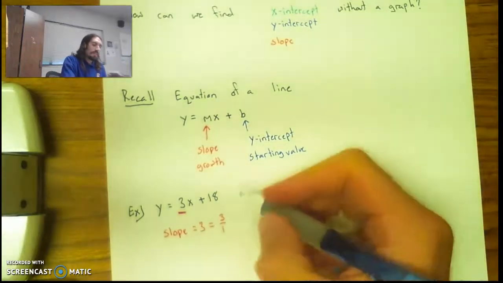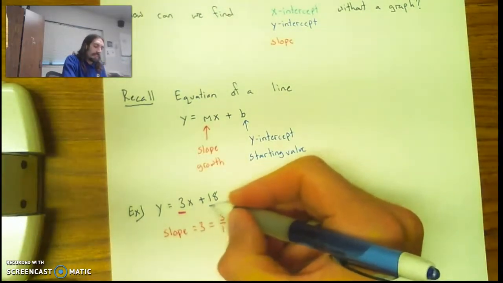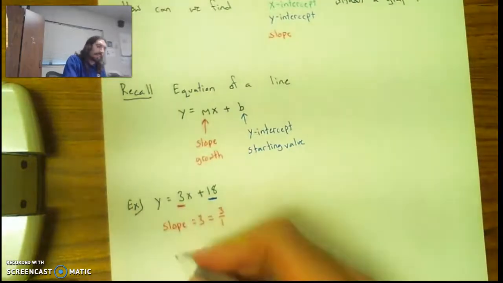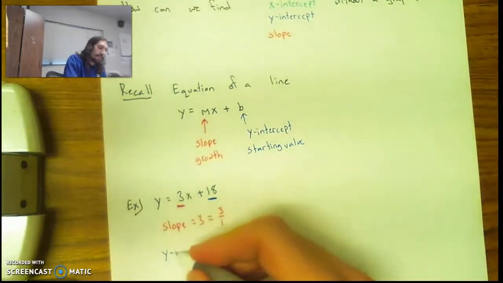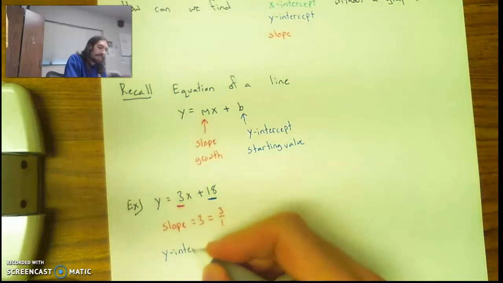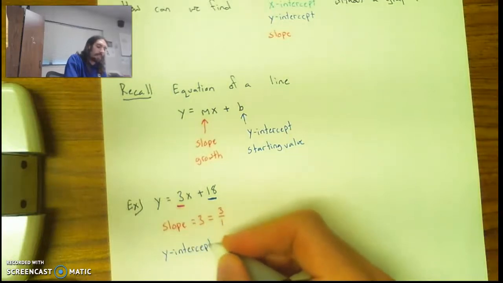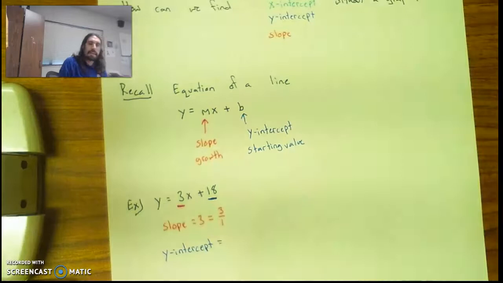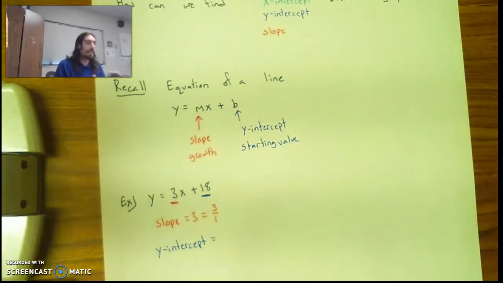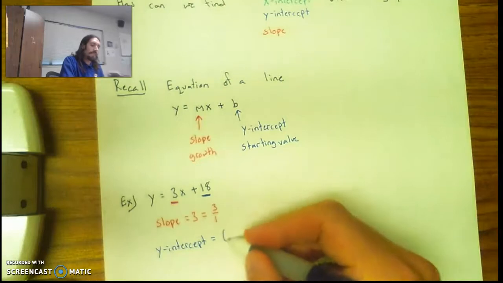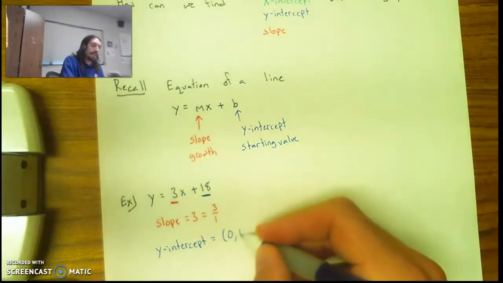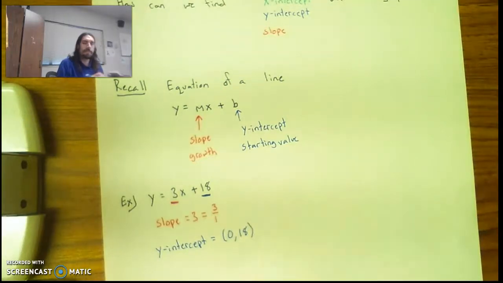By the same logic, I also know that this last number here, the 18 by itself with no x, will be my y-intercept. And same as we did on the previous video, I'm going to list my intercept as an ordered pair. So remember, your y-intercepts will always have the 0 for x and then the number after.